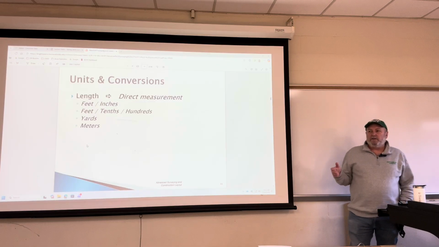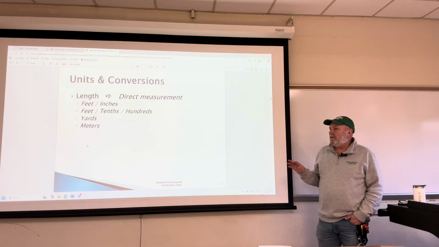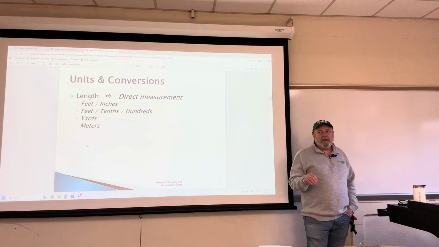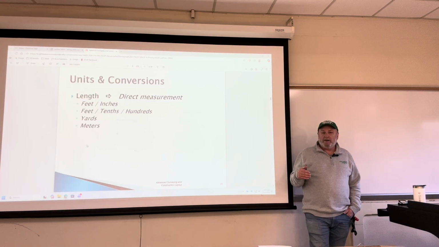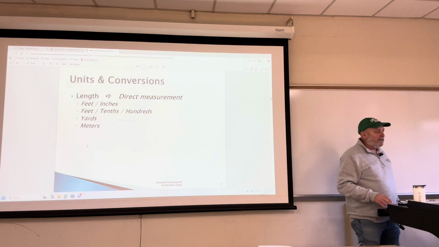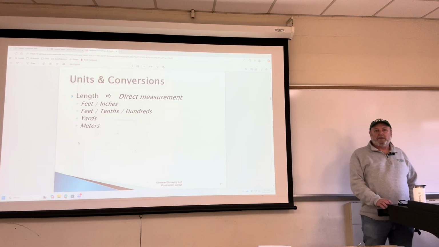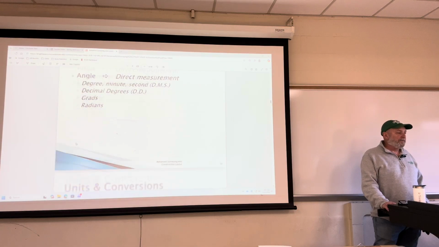When you start getting into historical records, you'll see a lot of old plats and a lot of old deeds were written in chains. Knowing how to convert those to feet, decimal feet, is an important skill for a surveyor to know.